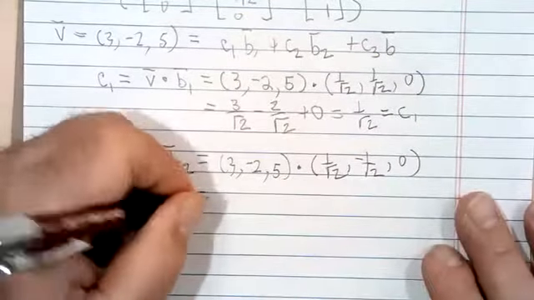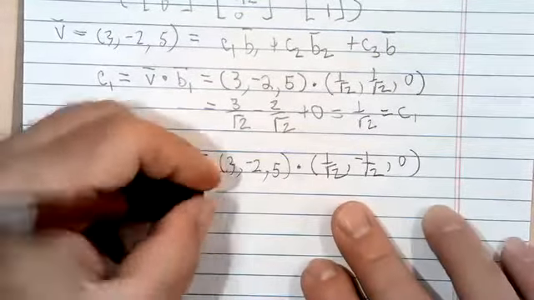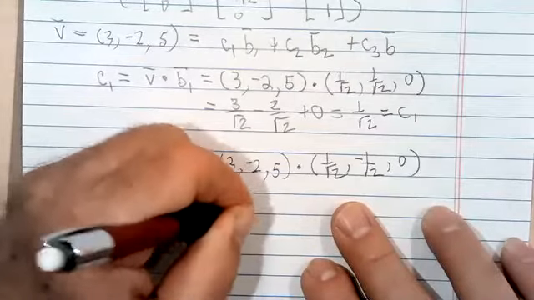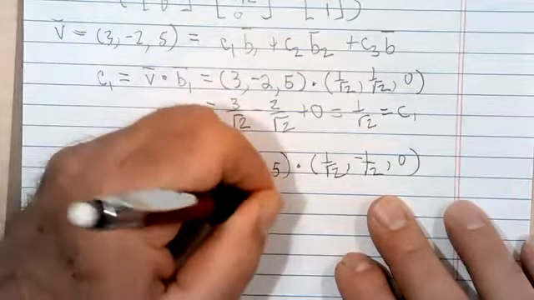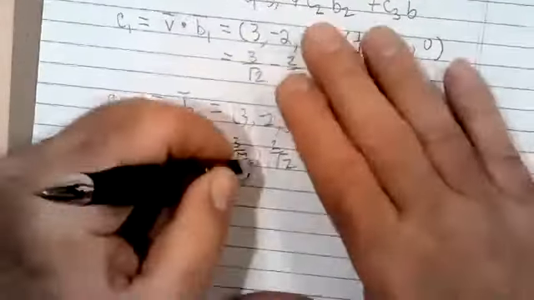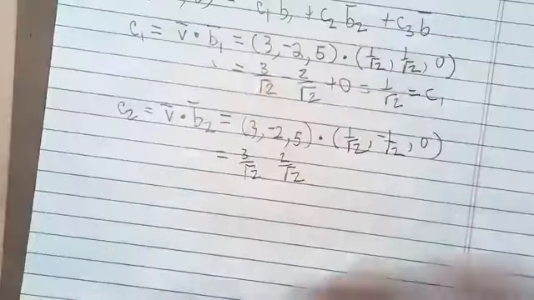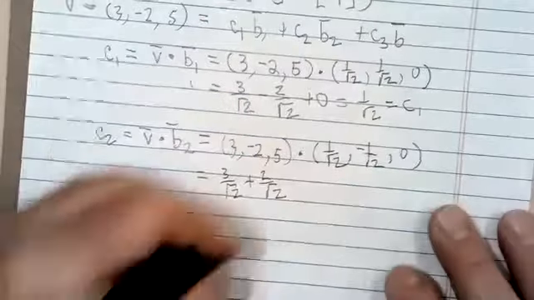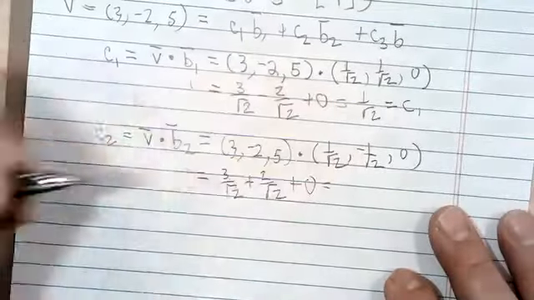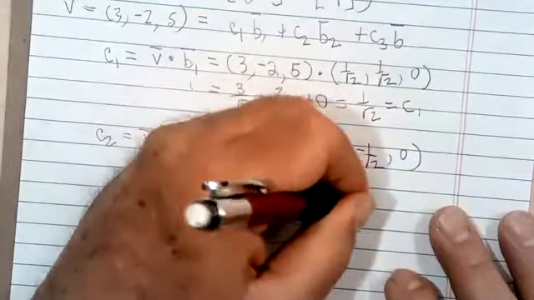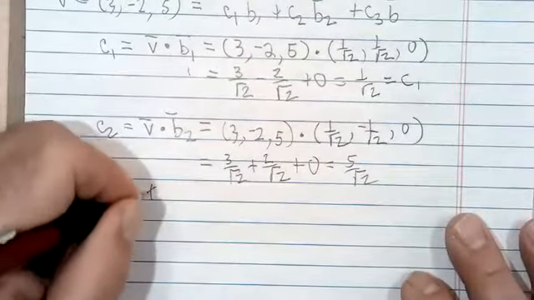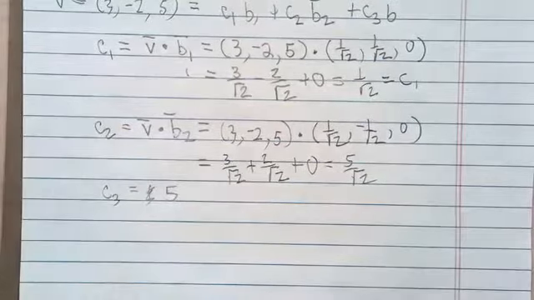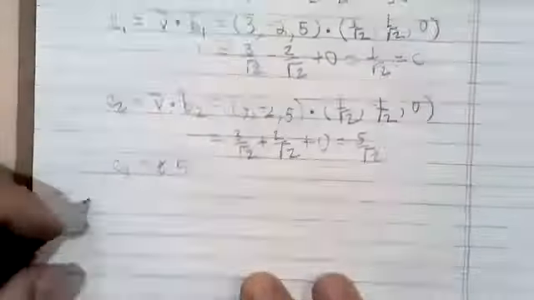And when I take the inner product, I get 3 over root 2, plus 2 over root 2, not comma, plus. It's supposed to be a scalar, right? Plus 0. So I get 5 over root 2. And the last one, c3, is easy enough to get by inspection now. It's 5.